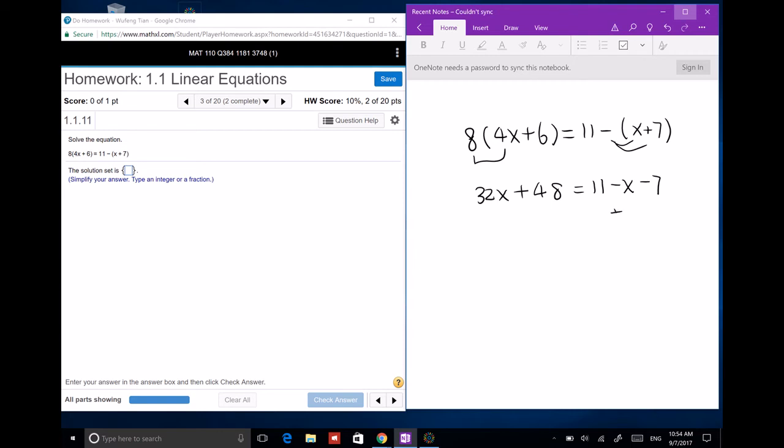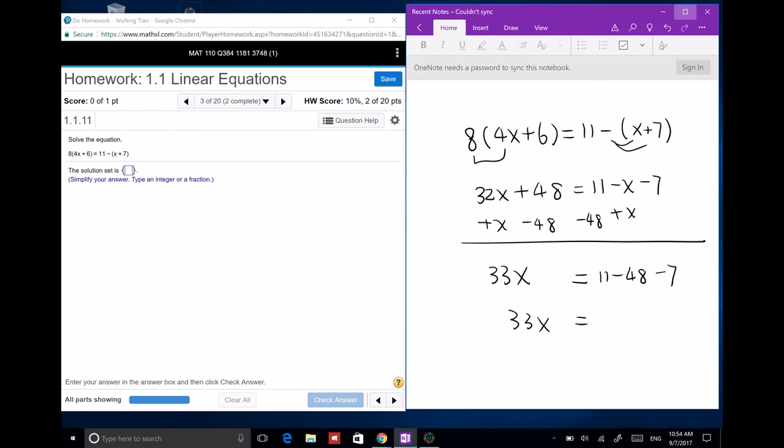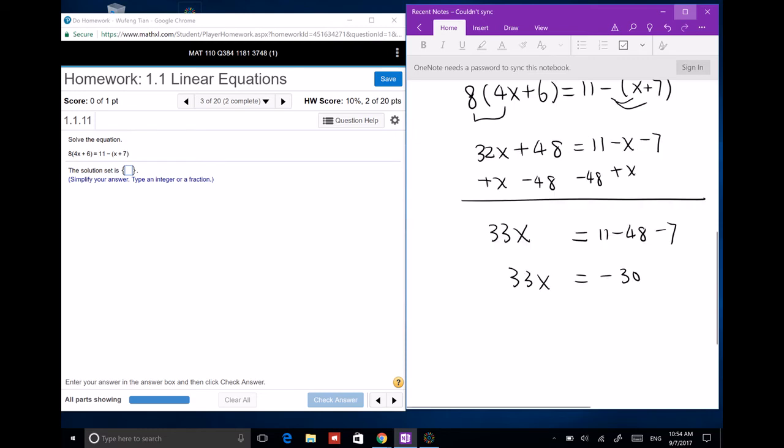So minus x, I add x, minus 48, minus 48. 32 plus x, 33x, equals 11 minus 48, and also minus 7. So 33x equals 18 minus 48, which is negative 30. So x equals negative 30 divided by 33. Reduced by 3, negative 10 over 11.